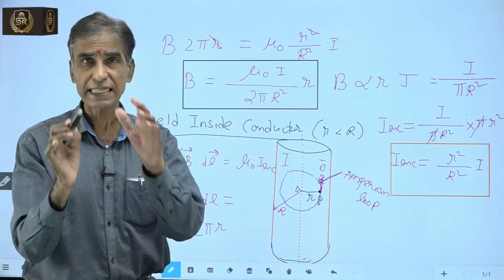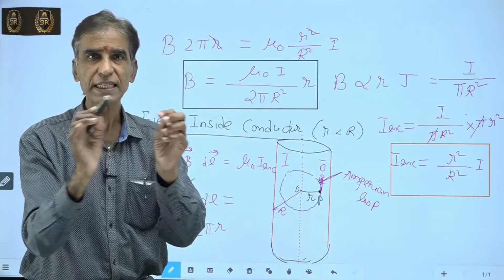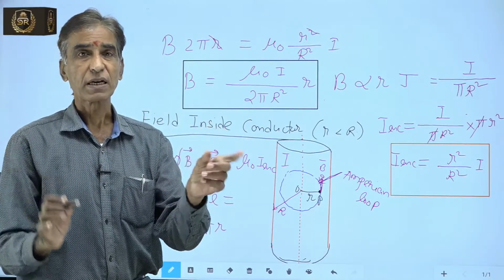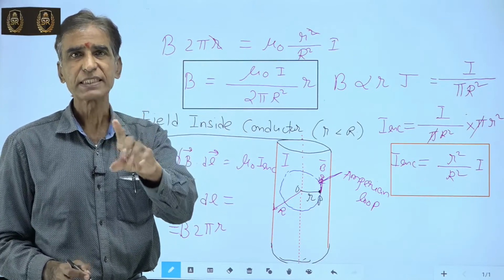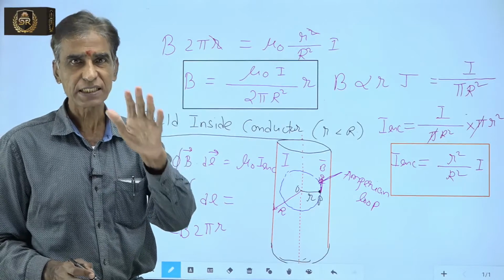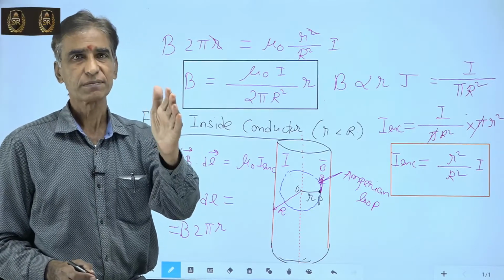Inside the conductor, the magnetic induction changes linearly. But outside, it is going to change inversely as distance.